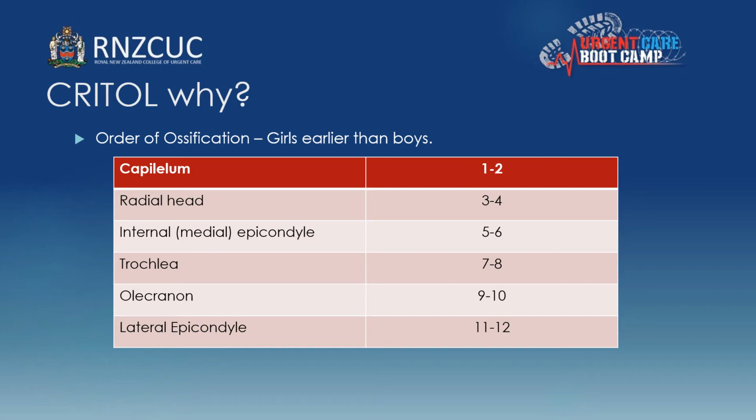Now when they fuse is slightly different and slightly variable in teens, and that's a lot harder to remember and is less useful. They're also about 2 years apart, so you can actually just count it up.